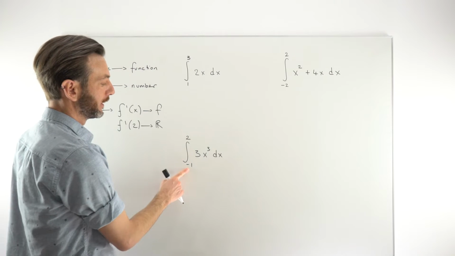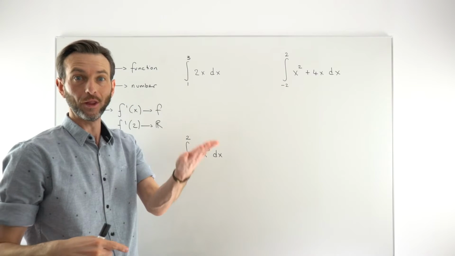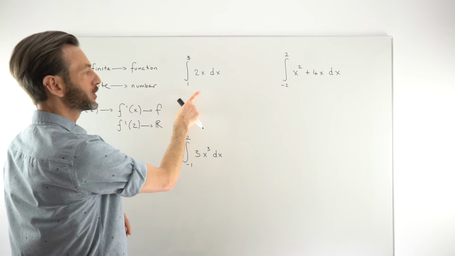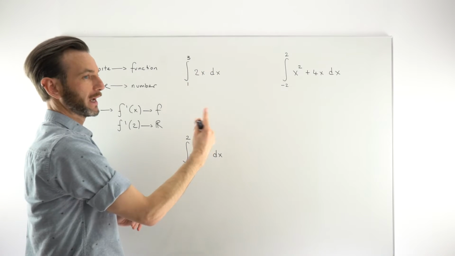We call these the limits, and when we say this out loud or in our heads, we would say the integral between 1 and 3 of 2x dx, or with respect to x, okay?